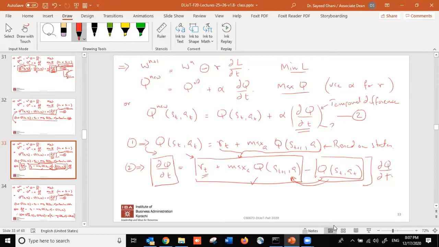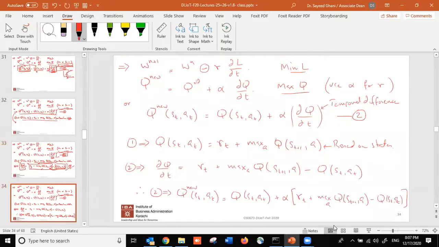Once you've understood this, all we need to do is update the value of dQ by dt in equation number 2. And what do we get?